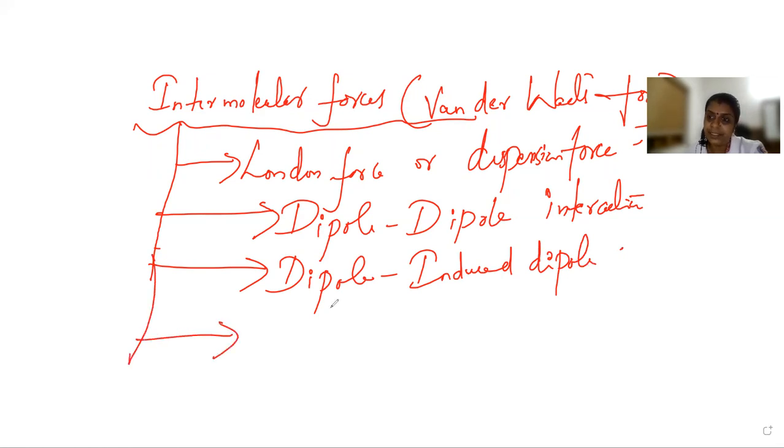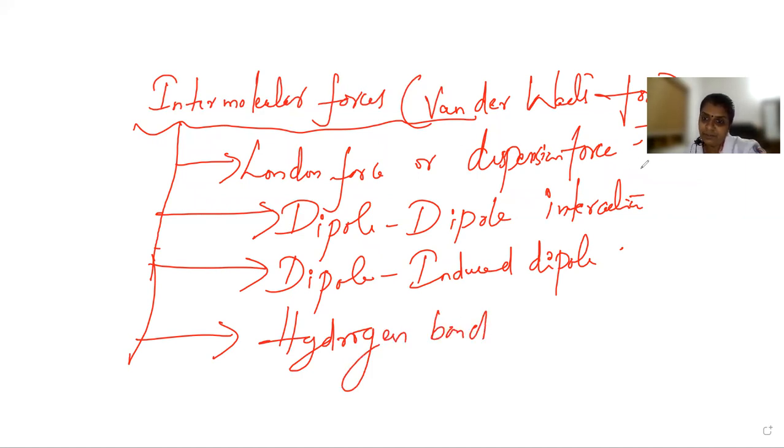The fourth type is called a hydrogen bond. So we are going to discuss four types: London force or dispersion force, dipole-dipole interaction, dipole-induced dipole, and hydrogen bond.